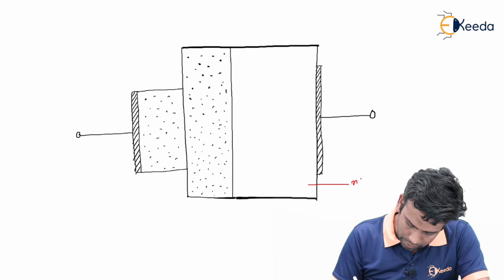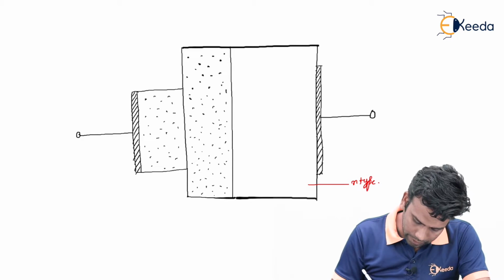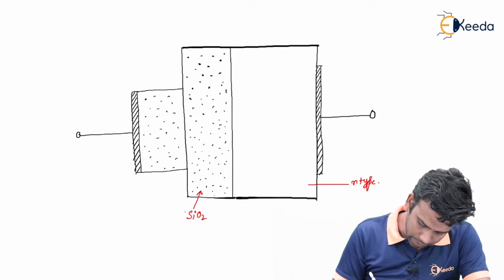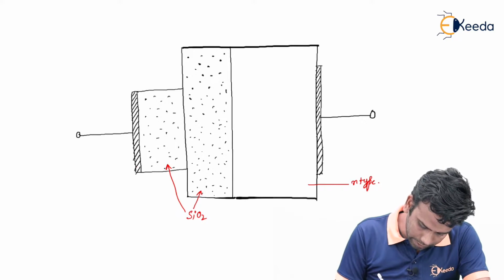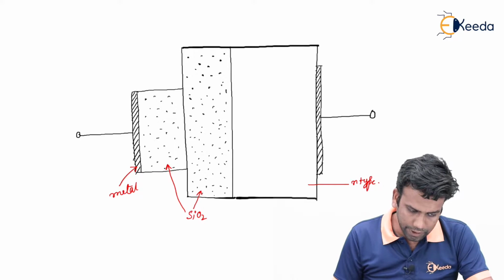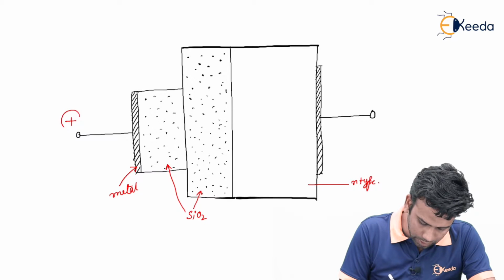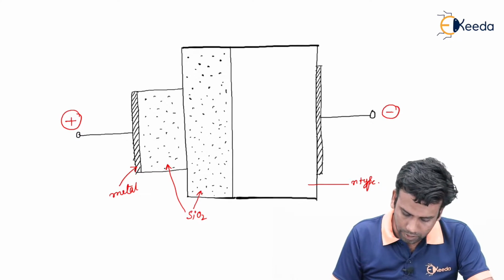So this is the N-type substrate and this is the silicon dioxide and this is also silicon dioxide and this is the metal layer. For this, first we will apply a positive potential here and a negative potential here.